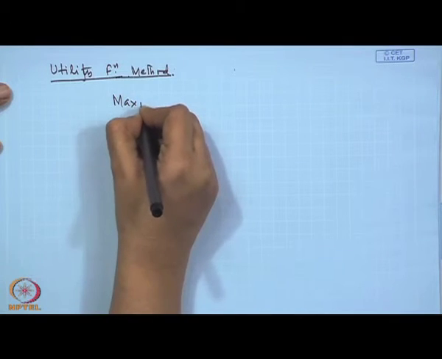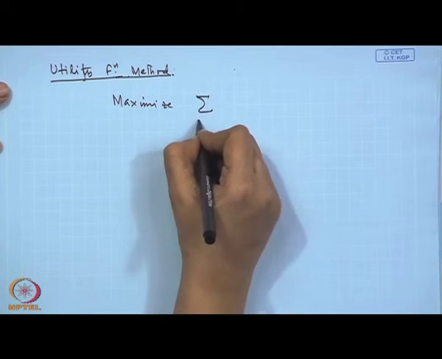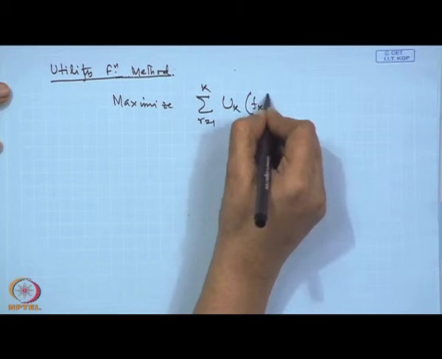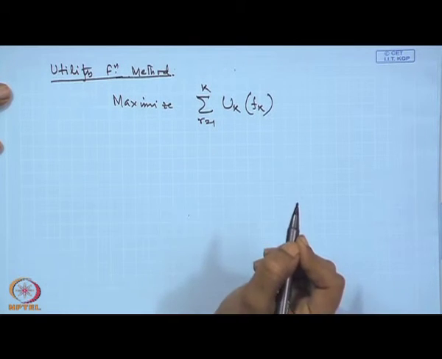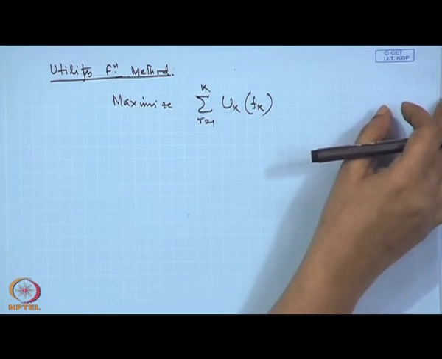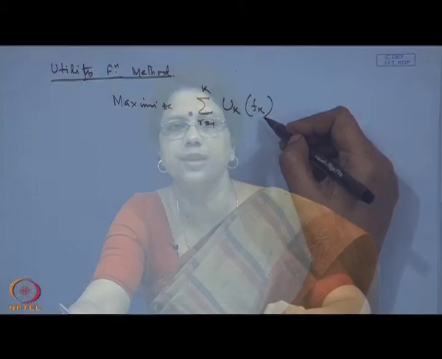And here what we do is maximize the utility value of each of the objective functions. What is the meaning of the utility value? The utility value of each objective function means the importance of one objective function compared to the others. The utility value for the first objective function means the importance of the first objective function compared to the other k minus 1 objective functions.